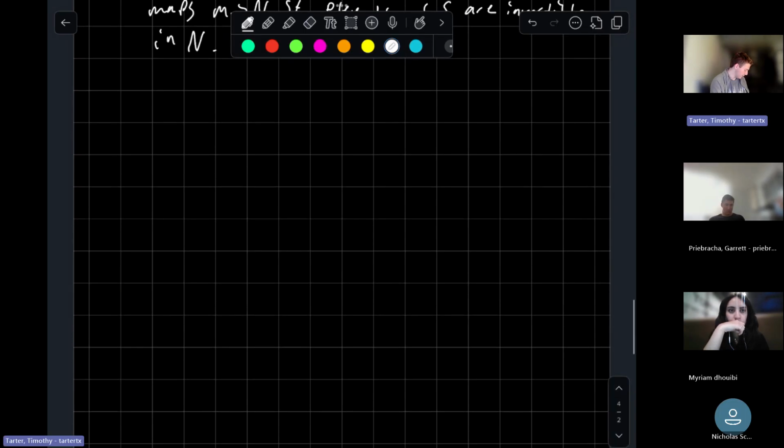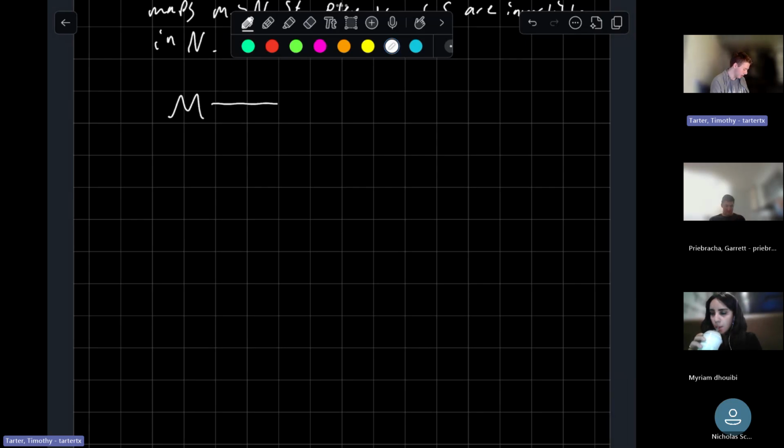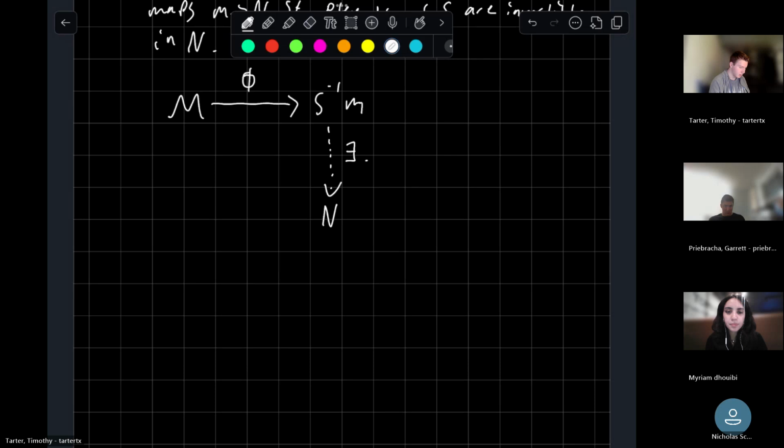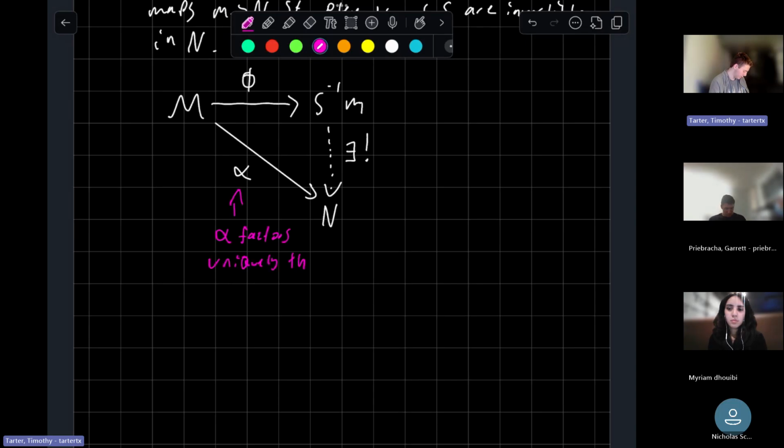And so basically the diagrammatic construction of this is that M goes to S inverse M by phi, which goes down to N, and this factors uniquely, meaning that any alpha factors uniquely through S inverse.